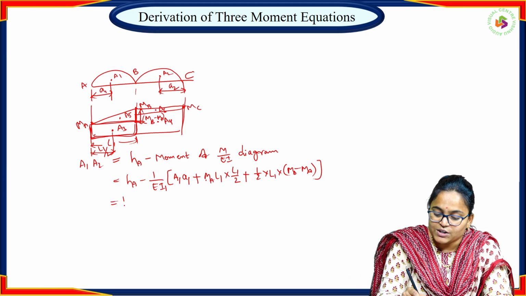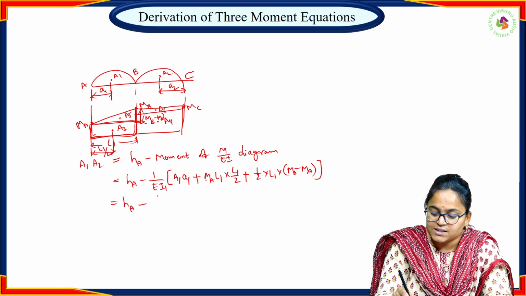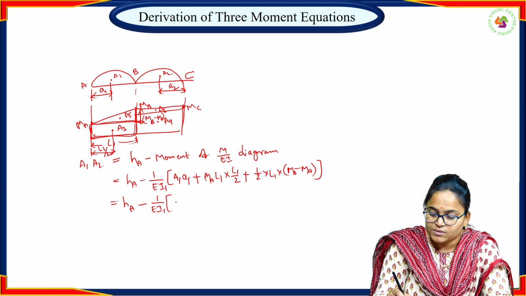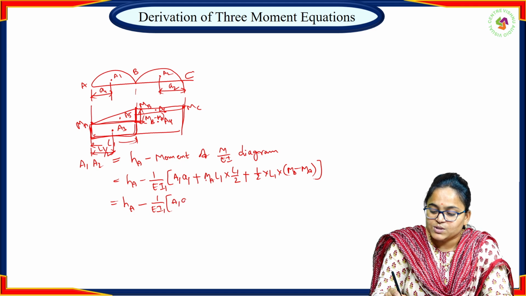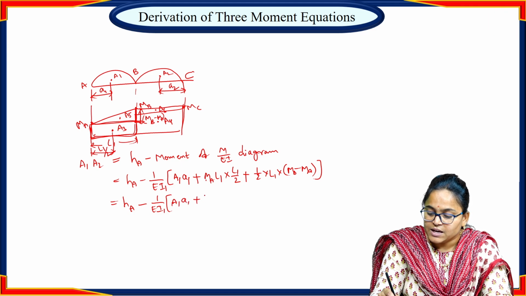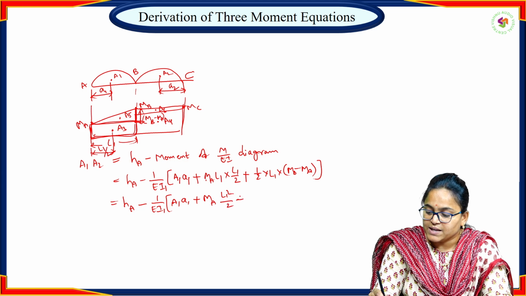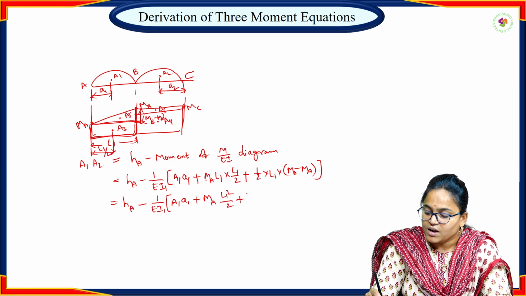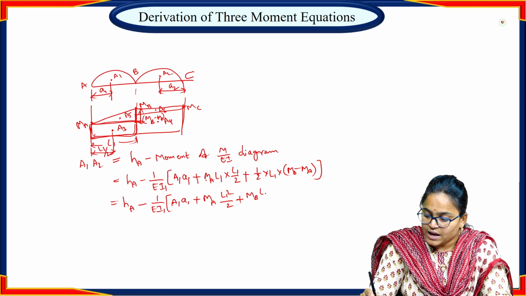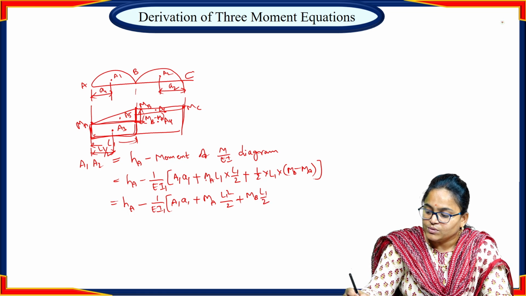Now this is equal to HA minus 1 by EI1 into A1 small a1 plus MA L1 square by 2 plus MB into L1 by 2.